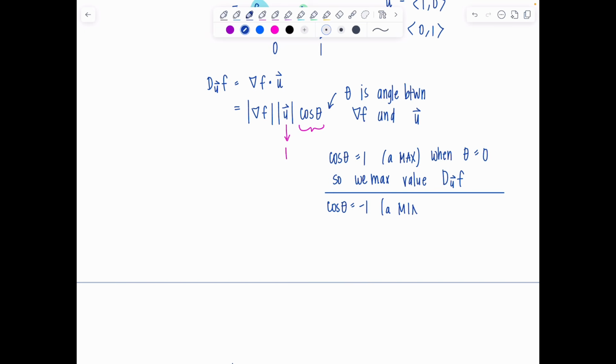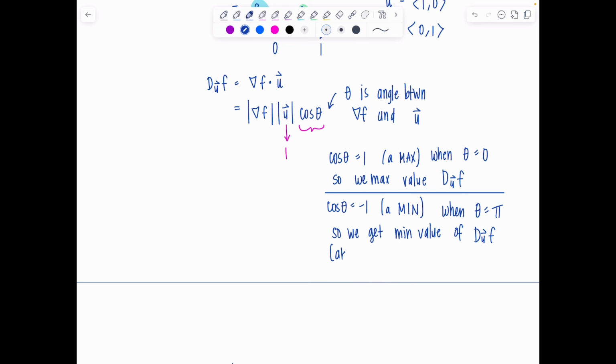Okay, cosine theta equals -1 as another extreme. That's when it's a minimum. And that happens when theta is pi. So we get a min value of our directional derivative when they are pointing in opposite directions. So when your vector is in a direction opposite from the gradient.